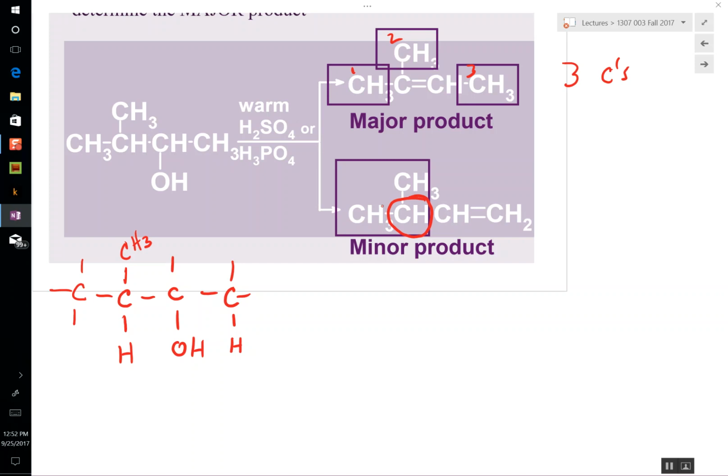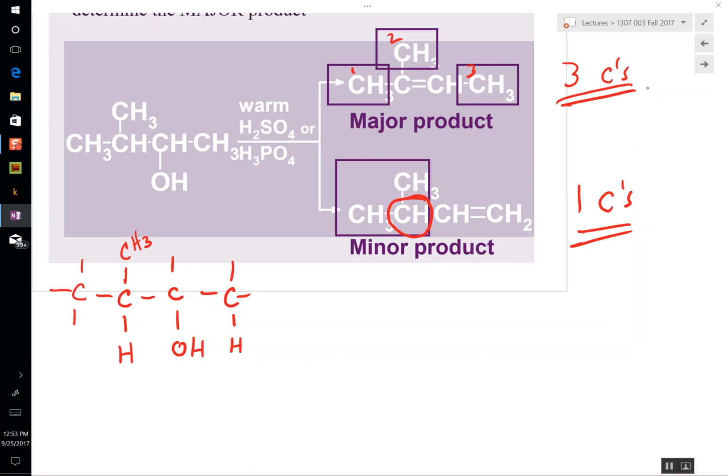Yes, there are 3 carbons on that substituent sitting out there, but these other ones don't factor into the accounting here. We only account for that 1. So this is only singly substituted. And so it is the minor product. The upper one is the major product.